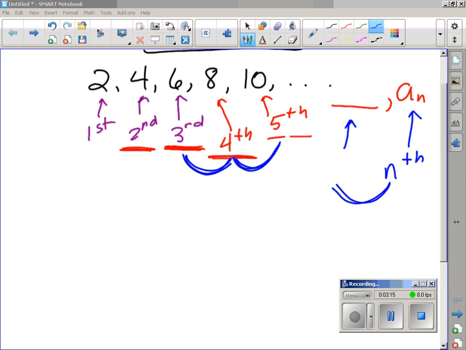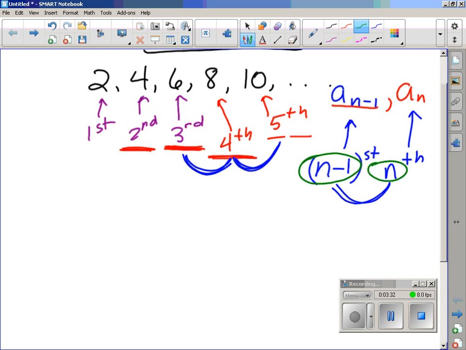So if this is the nth term, then this one is the n minus first term, or we would call that a sub n minus 1, only because to get from this term to this term, I have to add 1. And if I do n minus 1 plus 1, then I get n.